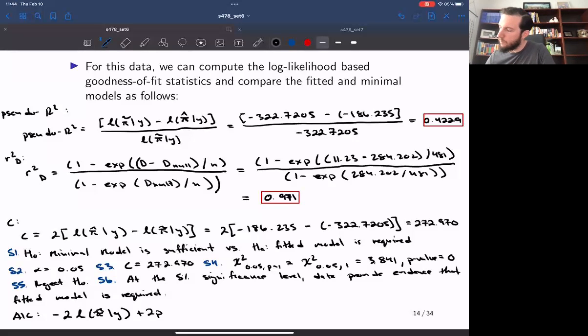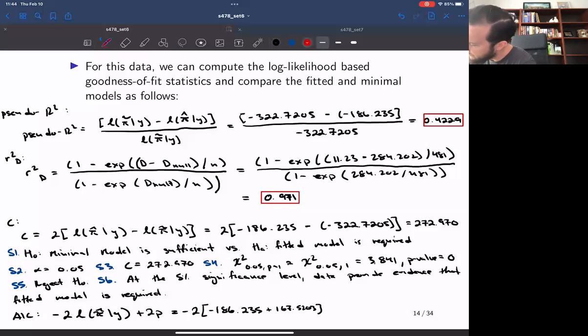The other thing with this term is that the likelihood, at least as it's computed through software, is including that combination term from the model. So this would actually be -2 times -186.235 plus the 167.5203.